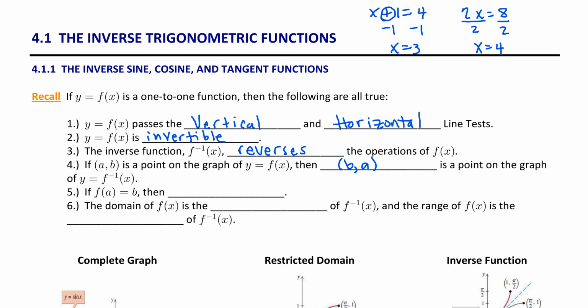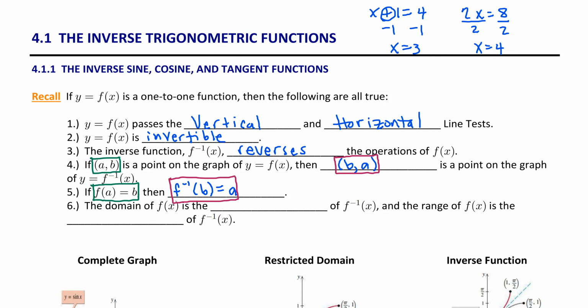That is, if f of a equals b, then f inverse of b equals a. Notice how ordered pair (a, b) is expressed in function notation as f of a equals b, and ordered pair (b, a) is expressed as f inverse of b equals a.